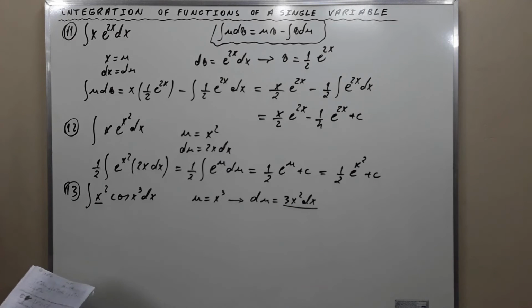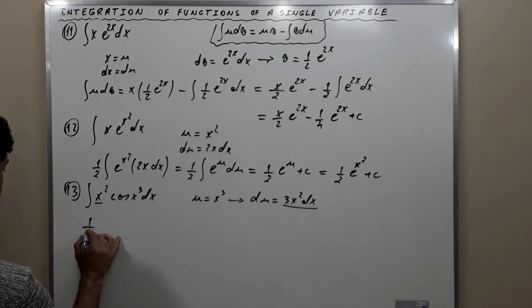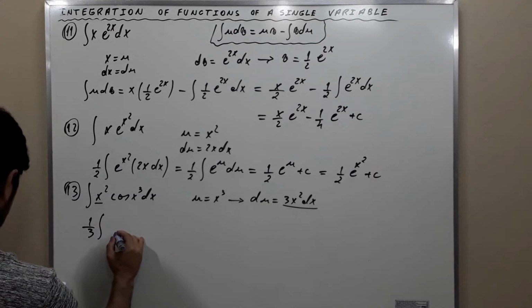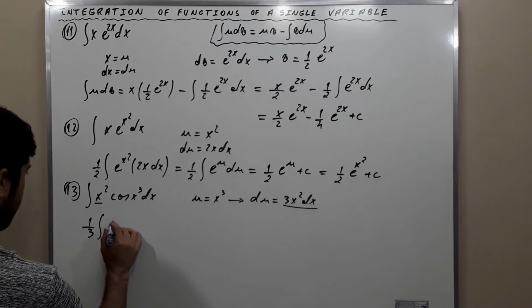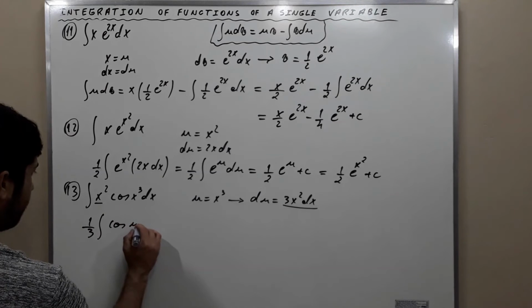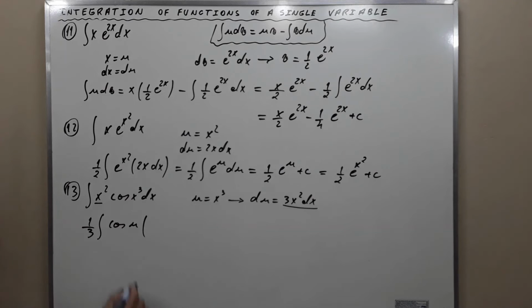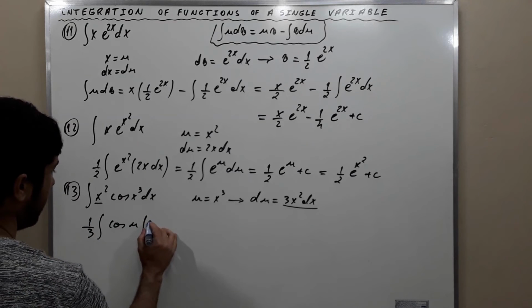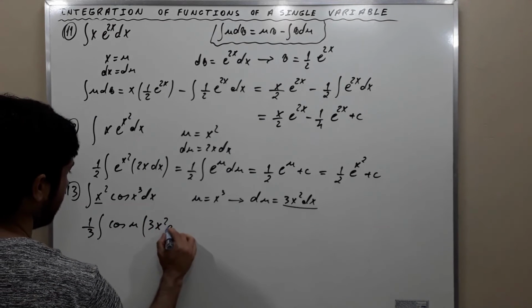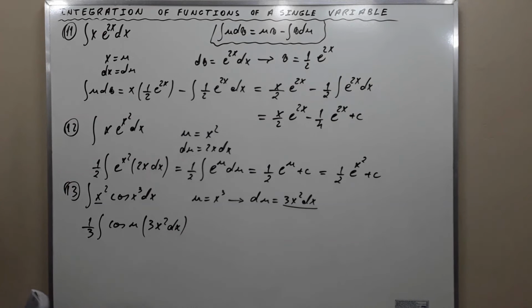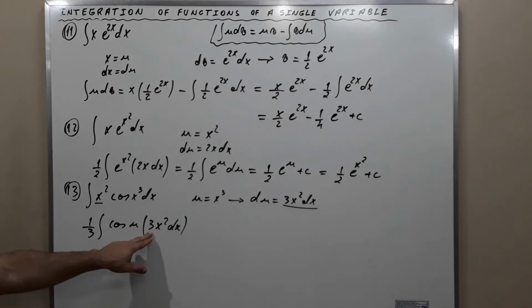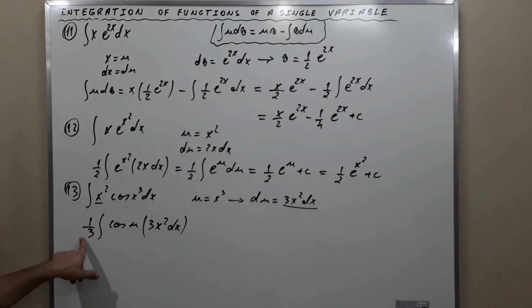All we need to do is divide by a third, and of the cosine of u, to make the du appear, we multiply by 3x squared dx. Observe that I didn't take this 3 out of nothing. It can only appear here if I divide by 3.